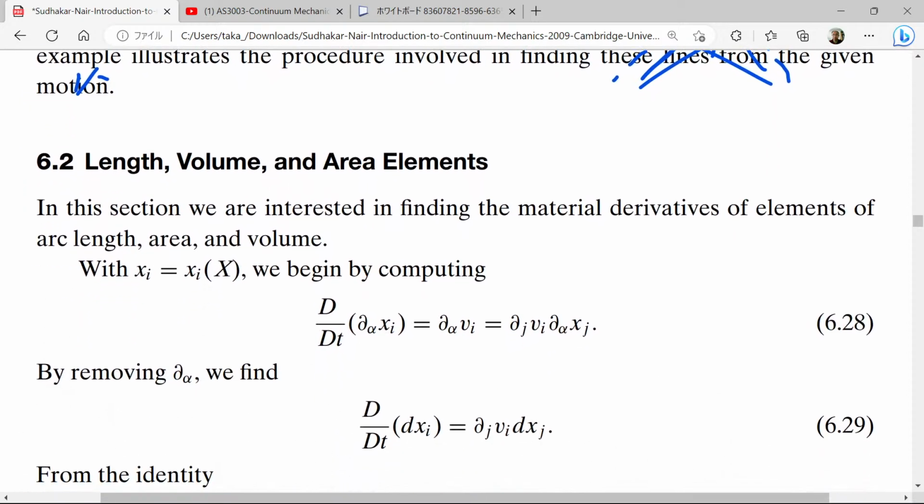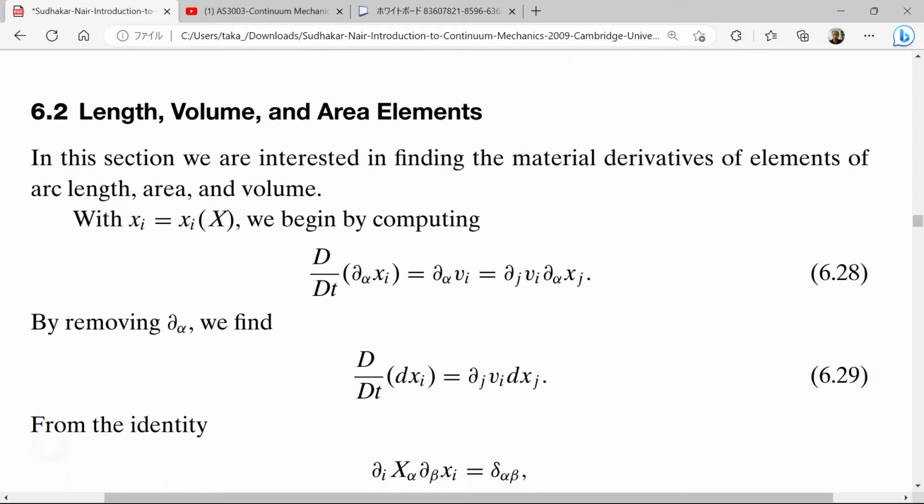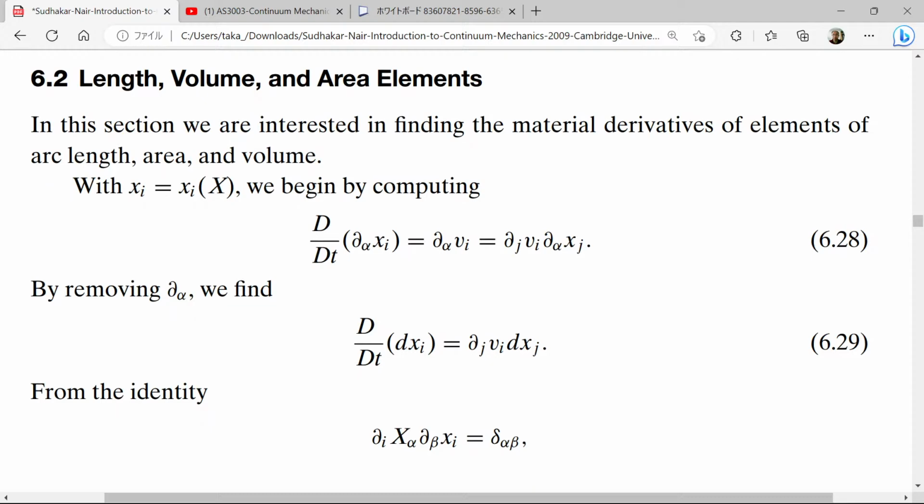so we go to the next part, which is the length, volume, and area elements. In this section, we are interested in finding the material derivatives of elements of arc length, area, and volume. With xi equal xi of particle large X, we begin by computing this.